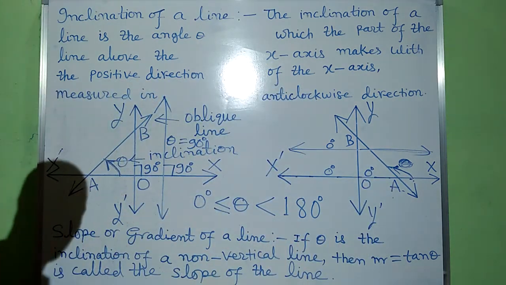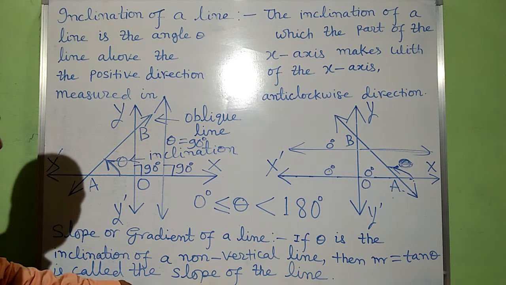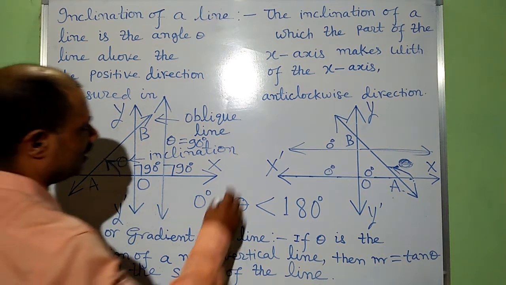Now, slope or gradient of a line. If theta is the inclination of a non-vertical line, then m is equal to tan theta, which is called the slope of the line. This is called the slope of this line.